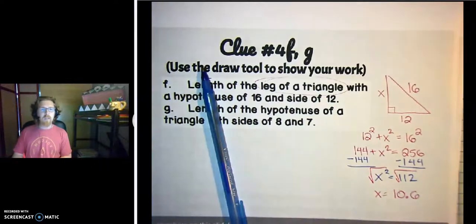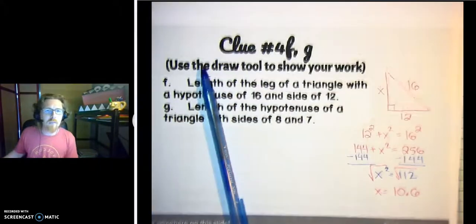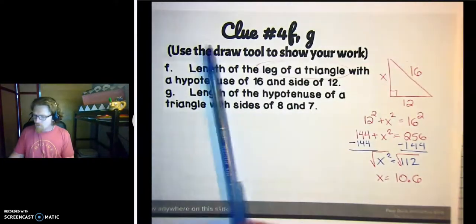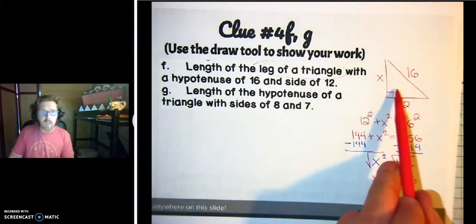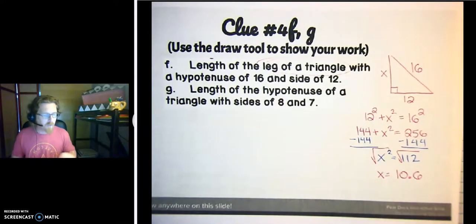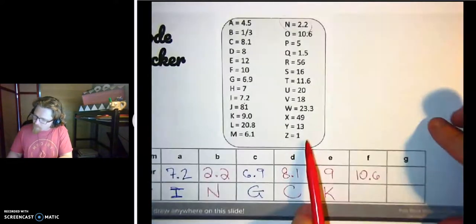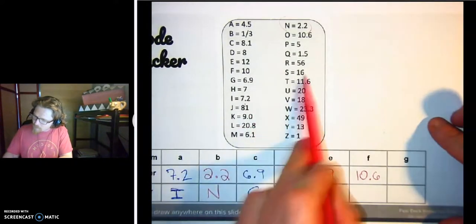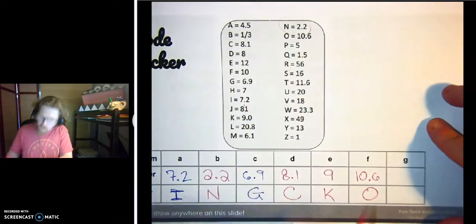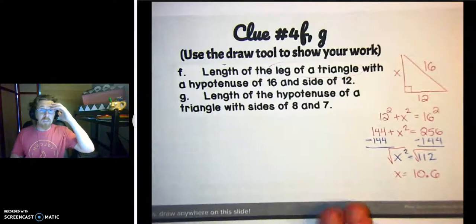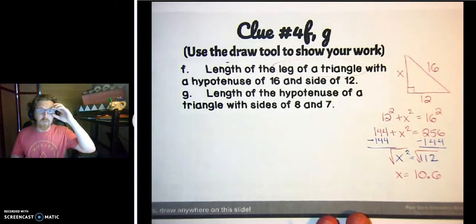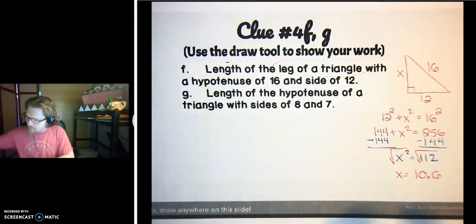Now 10.58 will round to 10.6. So question F, we set up our triangle, we set up our Pythagorean theorem, and we solved it. Going back to my code cracker, I have F was 10.6. And 10.6 matches with the letter O. Very, very nice.